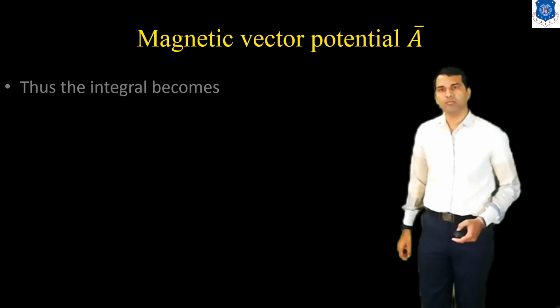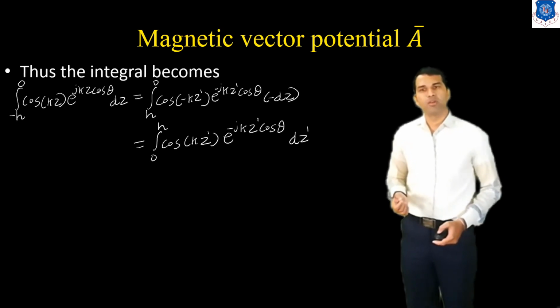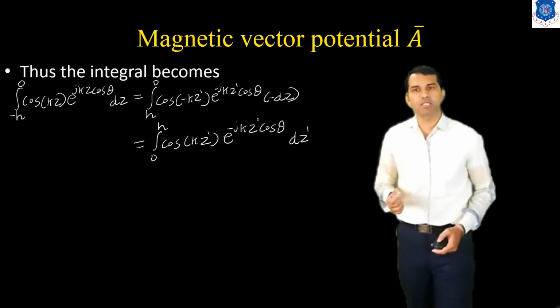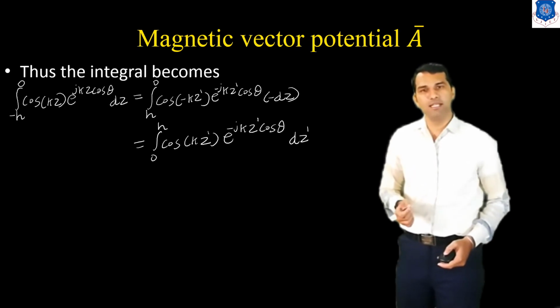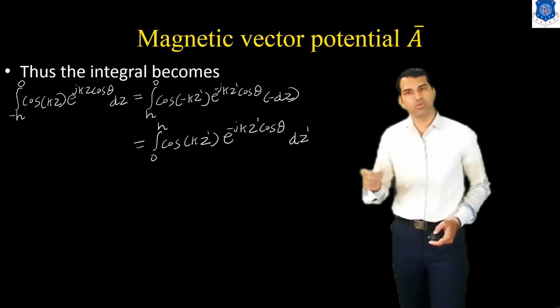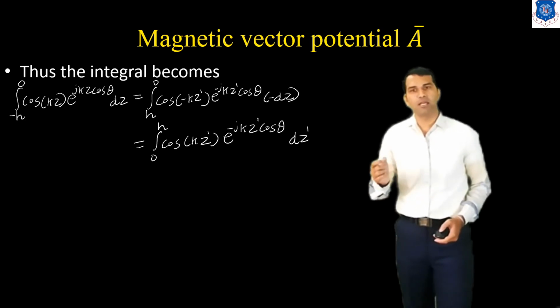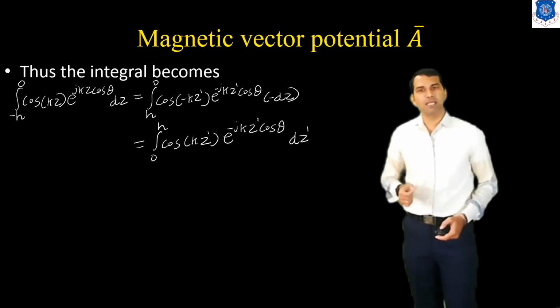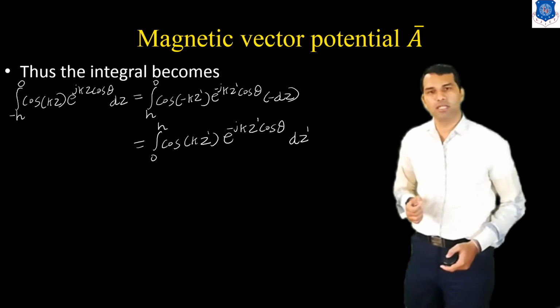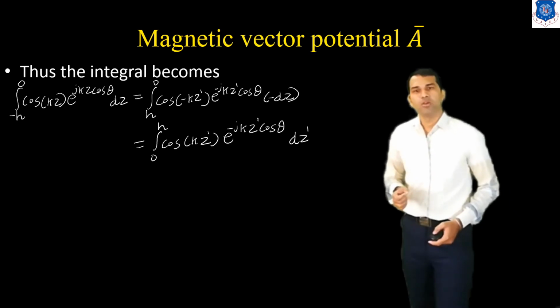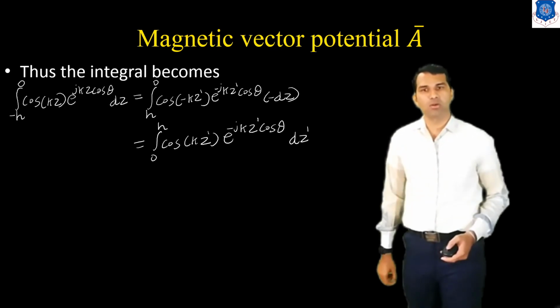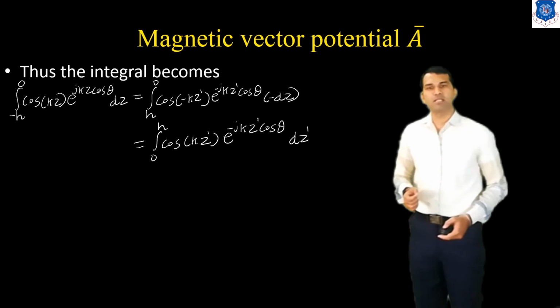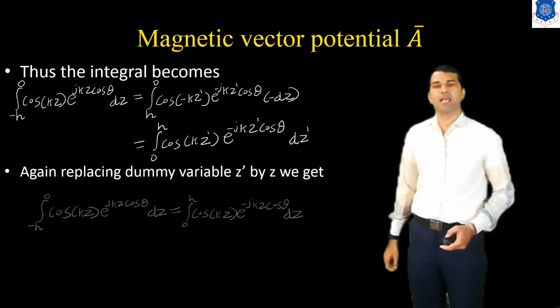So we substitute this assumption and the integral becomes the integral from h to 0 of cos(minus kz dash) e raised to jkz dash cos theta times minus dz dash. So we solve this: the integral from 0 to h of cos kz dash e raised to minus jkz dash cos theta dz dash.